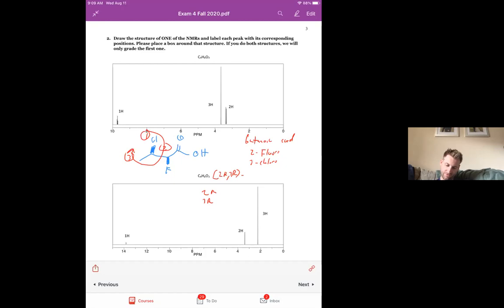C comes before F, 3 chloro, 2 fluoro, and then butanoic acid. So, bit of a reminder on nomenclature there.